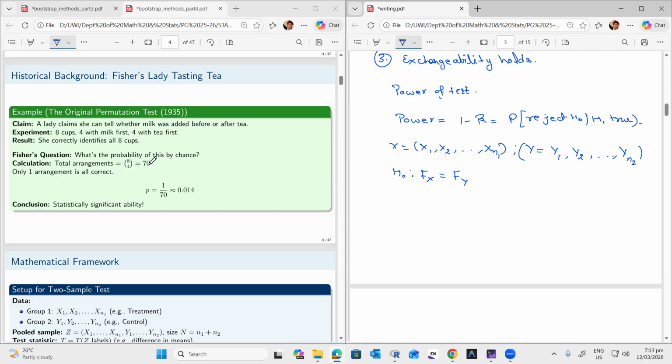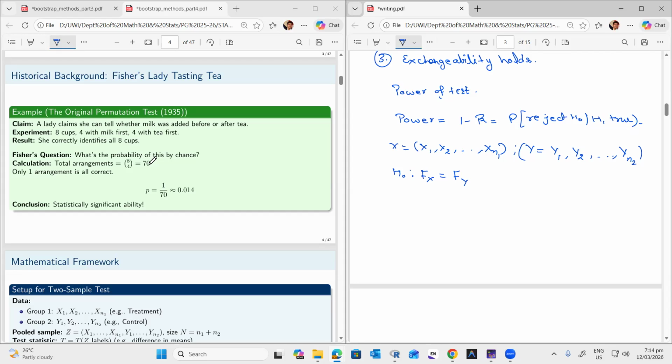So basically the lady claims that she has the ability to discriminate between two preparation methods of tea, milk first or tea first.